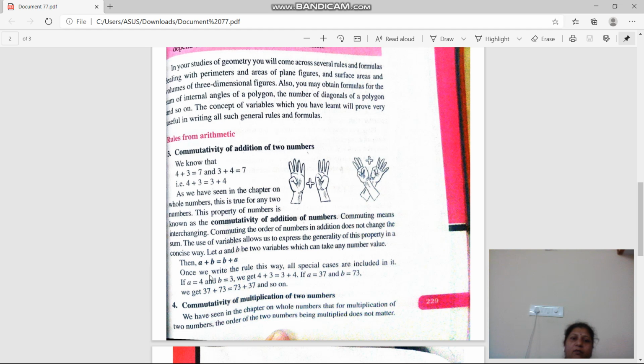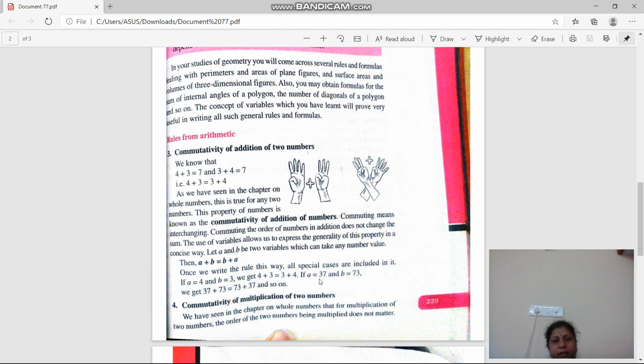Get it? Once we write the rule in this way, all special cases are included in it. If a is equal to 4, b is equal to 3, then we get 4 plus 3 is equal to 3 plus 4. Not only one digit numbers, we can take two digit numbers also.